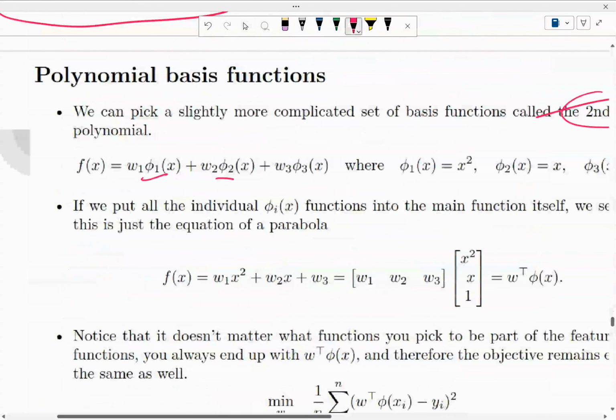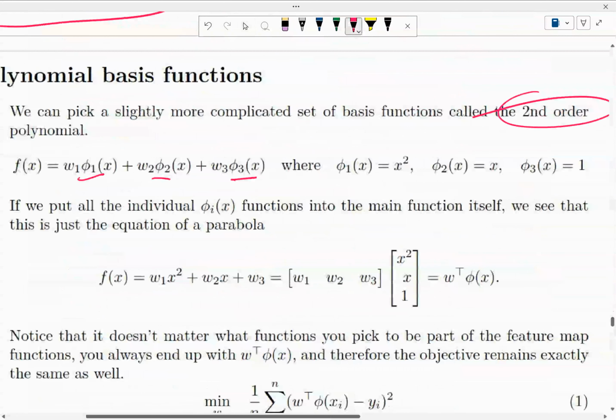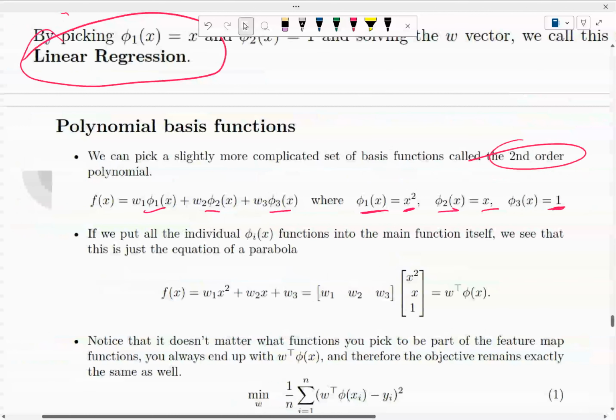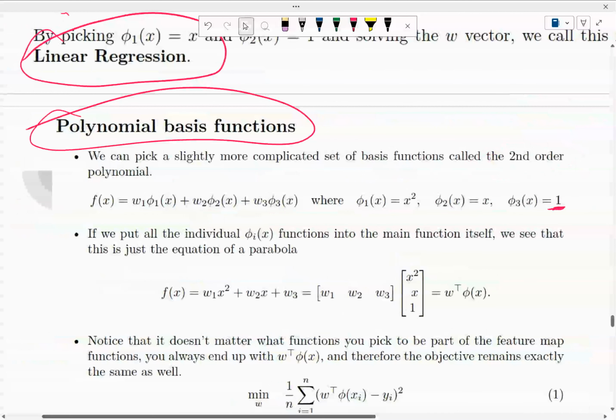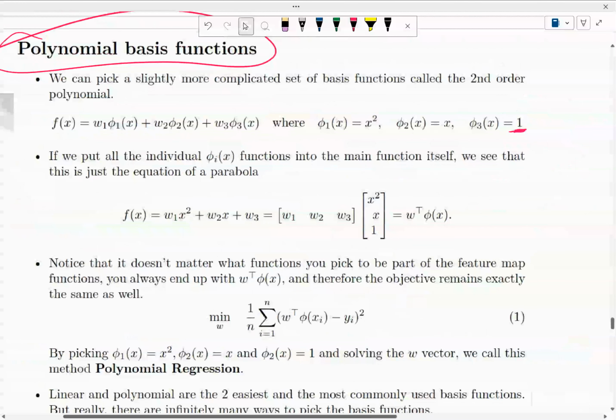It's slightly more complicated, where phi 1 is equal to x squared, phi 2 is just equal to x, and phi 3 is equal to 1. So if you pick a different basis, now you have a different algorithm called a polynomial. If we put all the individual phi i's into the main function, we see that the equation is identical.